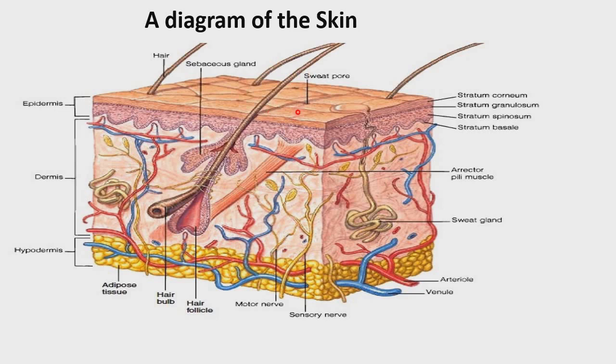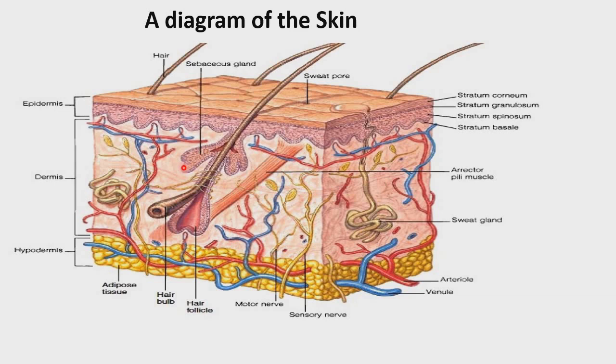We have the sebaceous gland. The sebaceous gland originates from the epidermis, and it comes down to the dermis. The sebaceous gland secretes sebum.